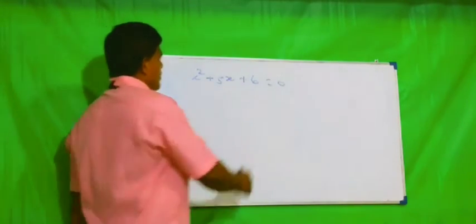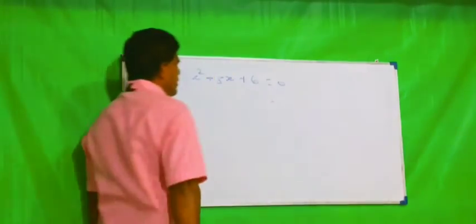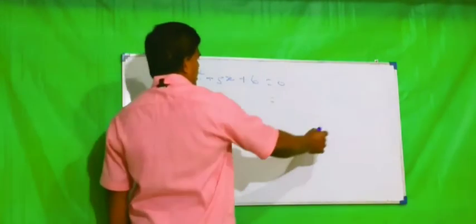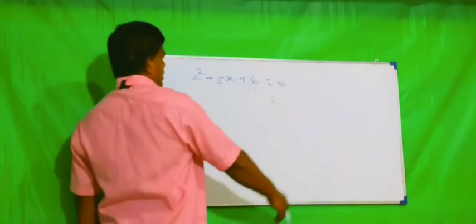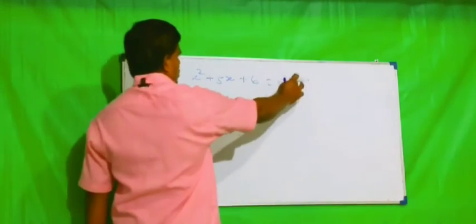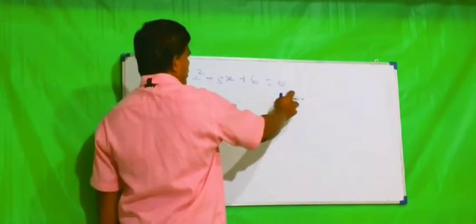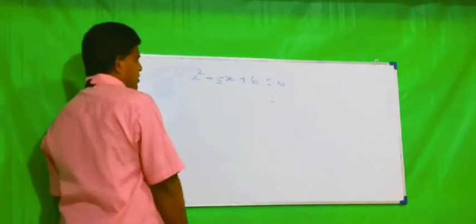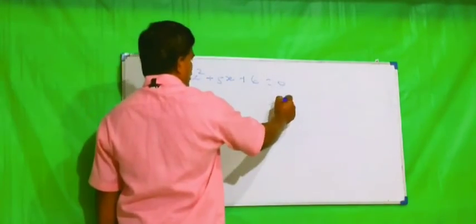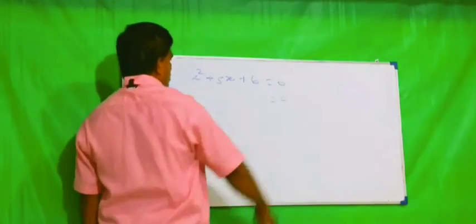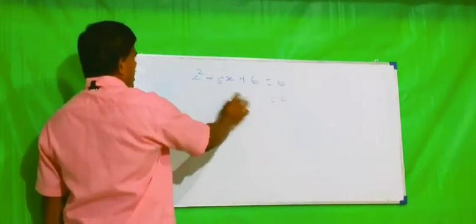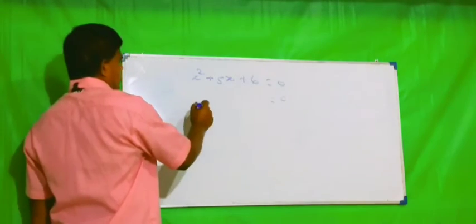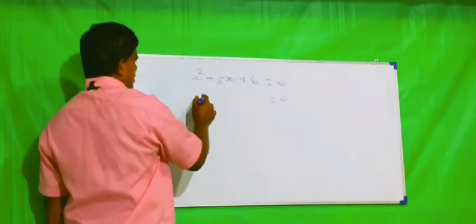This can also be solved by using factors. The base would be the zero product: the right side is 0, and the left side should be factorized to obtain two factors.